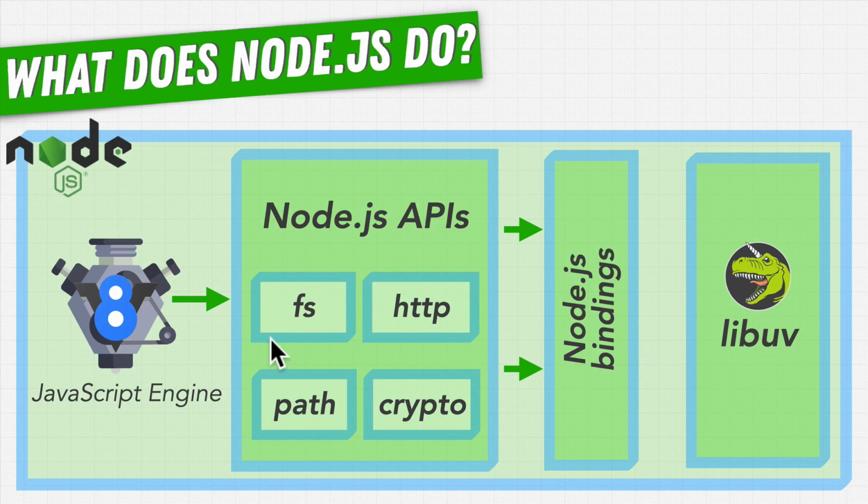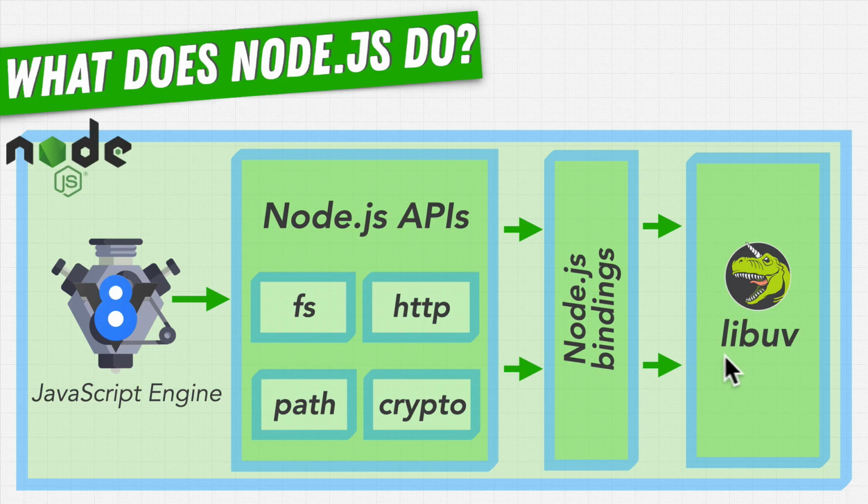So what's going to happen is we'll make a request in JavaScript using the HTTP module, a function from this HTTP Node.js API, and through the Node.js bindings, Node will pass that task on to libuv, which will just tell your operating system, okay, here are the things that I need, say the contents of a web page, and the operating system will go off and perform those tasks.